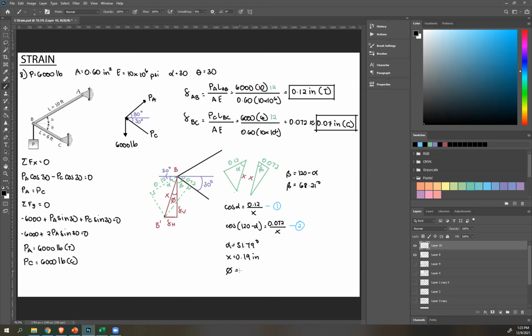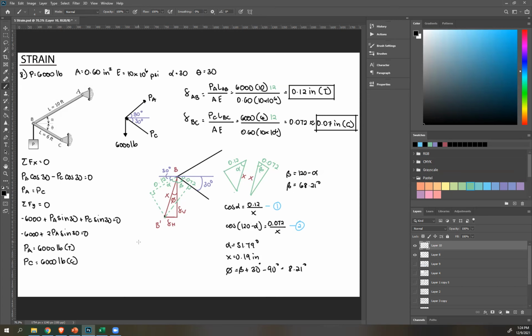Again, this is beta plus 30, and then you're going to remove the 90 degrees. You're left with phi. And the answer to that is 8.21 degrees.